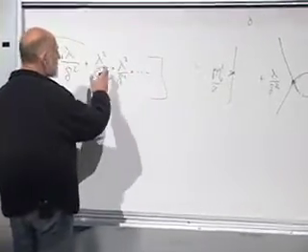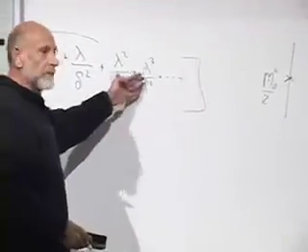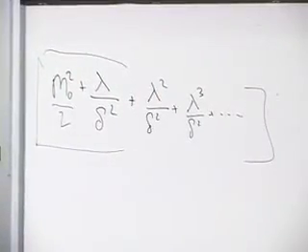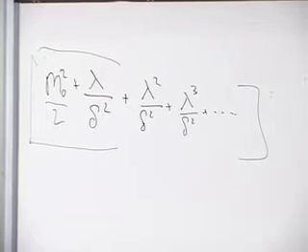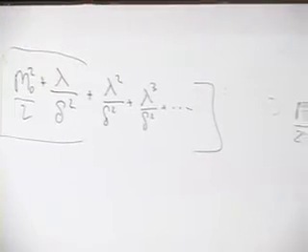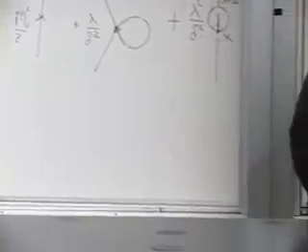Now, if lambda is small, it may be that the series is a series of smaller and smaller terms, and it might converge. But still, there are an infinite number of terms, and it depends on what happens to lambda, right?